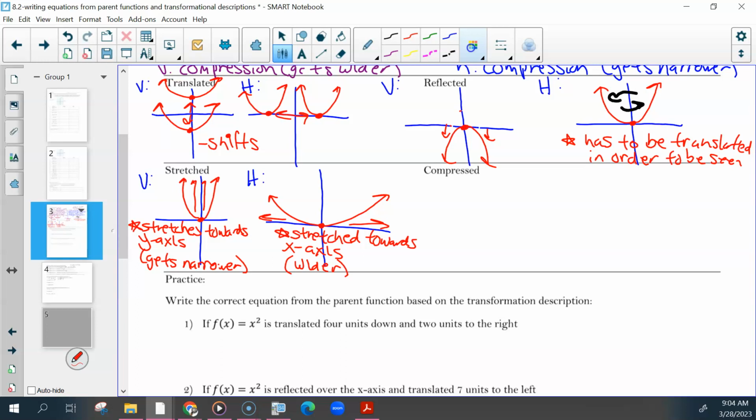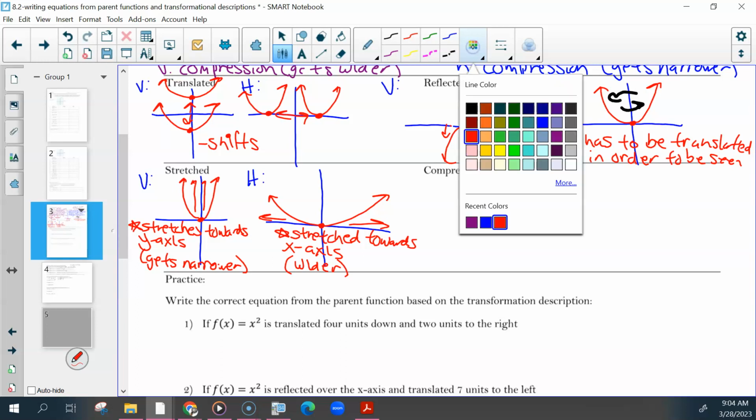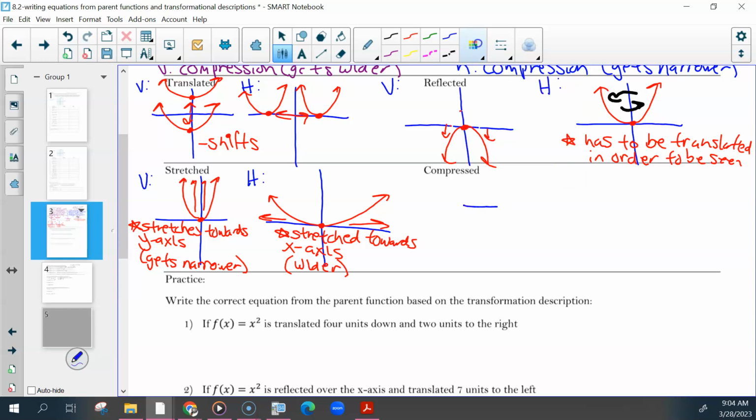But then for the compression, it does the opposite. So we're going to draw in two new sets of axes. The vertical compression is now shrinking or compressing itself away from the y-axis, which is why it is wider.